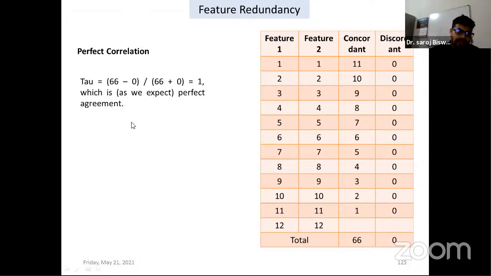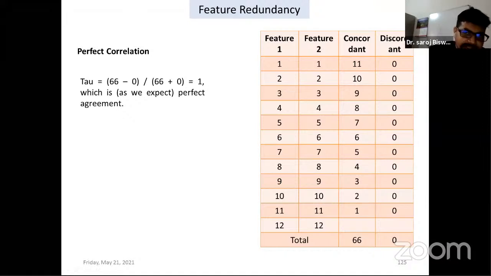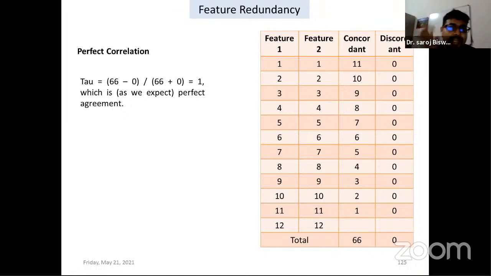Even if we find the distance, it cannot be 0. There can be a huge distance between two features, but their behavior is the same. That is called linear behavior. As the linear behavior is the same, the correlation between feature 1 and feature 2 is 1, using Kendall's tau measure or correlation coefficient. In this way we calculate.